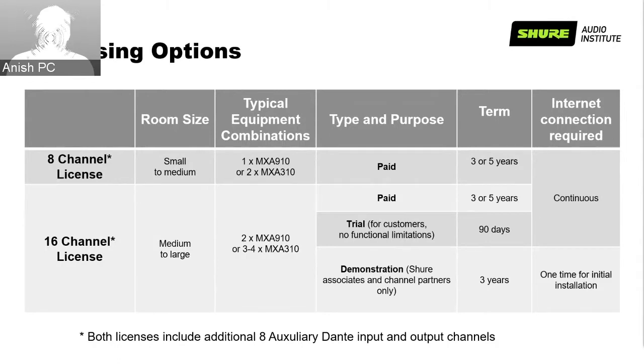Trial licenses also require a continuous internet connection, and can remain active for a 90-day subscription term. All licenses include an additional 8 Dante input and output channels. One thing to note is that a license cannot be split apart or aggregated, meaning that a user cannot combine 2 8-channel licenses into a single 16-channel license.